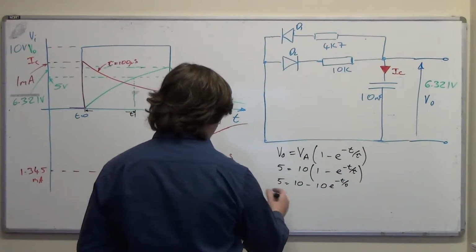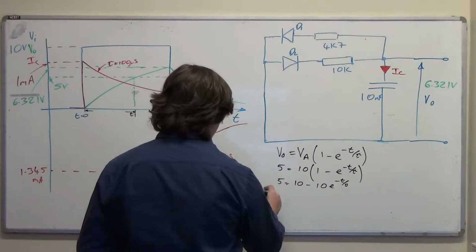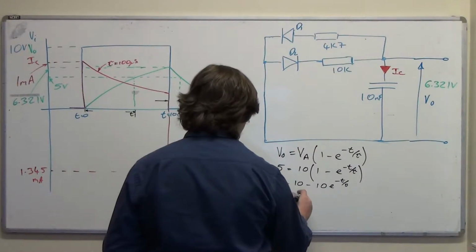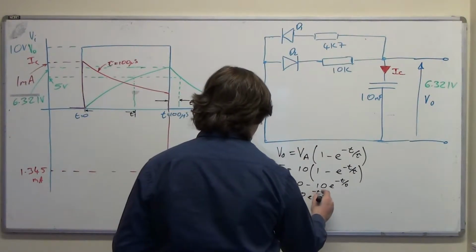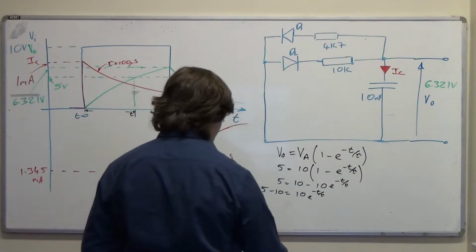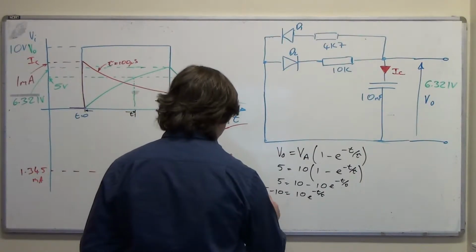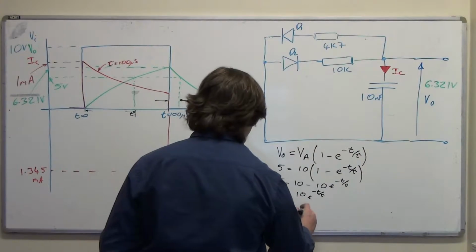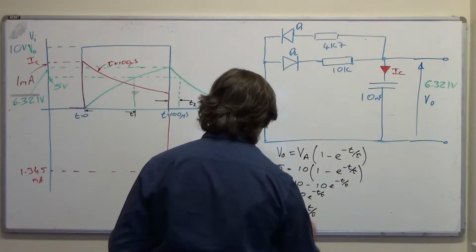Take this, subtract 10 from both sides to leave 5 minus 10 is equal to 10 e to the minus t upon tau. And then we'll divide through by 10 to have (5 minus 10) over 10 is equal to e to the minus t over tau.